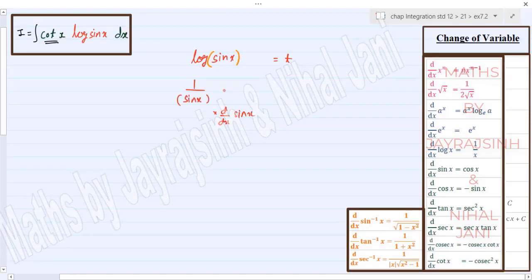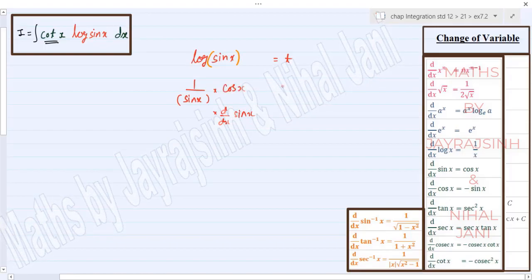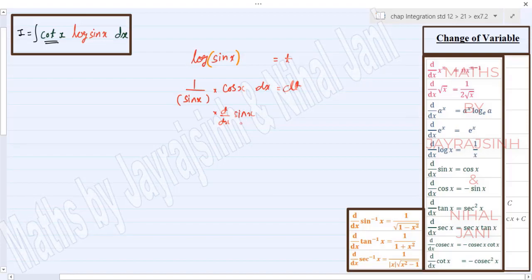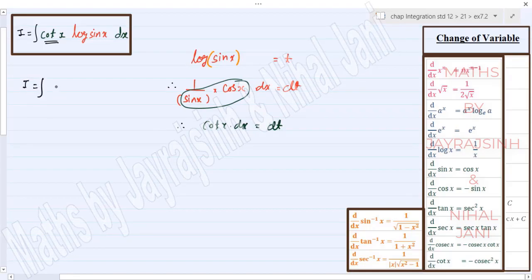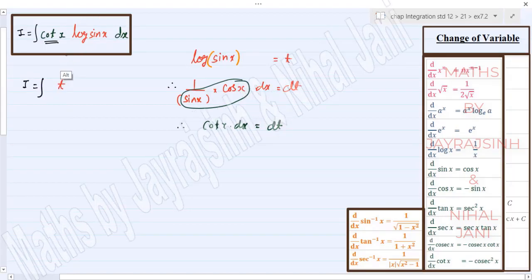Within the box we have sin x, so differentiation of sin x will be cos x dot dx will be your dt. So here we can say cos x upon sin x will become cot x dot dx will give us dt. So we can easily modify our integration, as this log sin x will be your t, and cot x dot dx will become your dt.